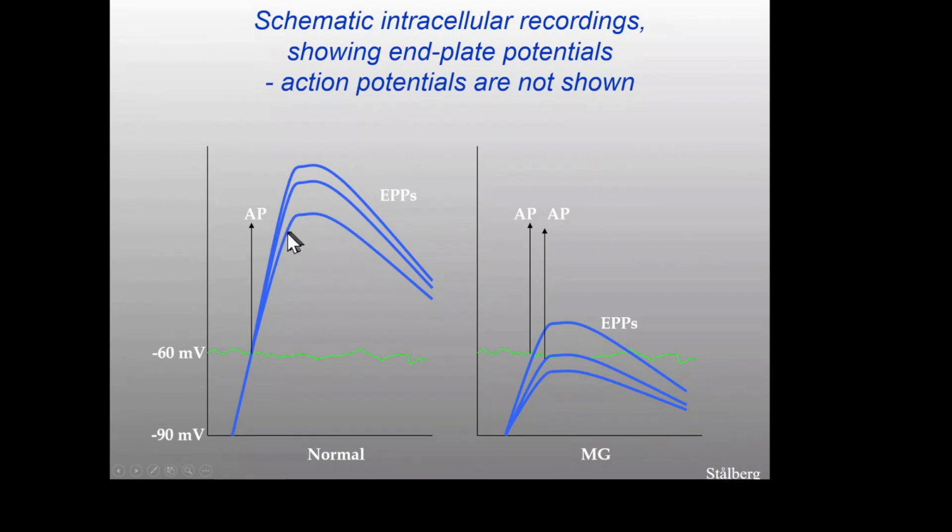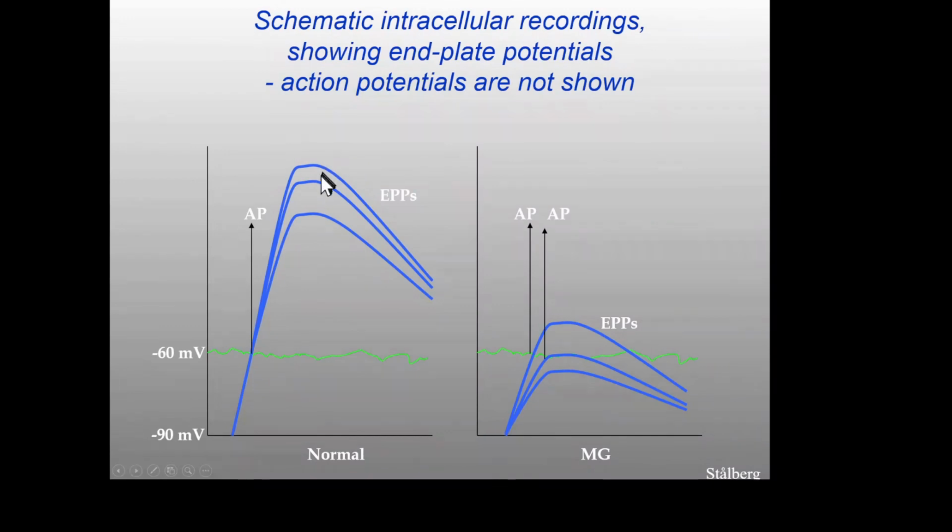This is a schematic drawing of end plate potentials, which are generated in the end plate when we have stimulated the nerve, and then we have the end plate, and when it reaches the threshold for firing, an action potential is fired. But here I've suppressed that. That also can be done experimentally, and we see the full extension of the end plate potential.